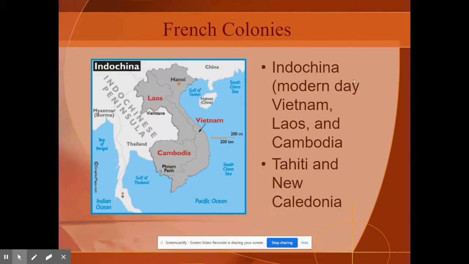So for the French, I don't think we need to go too much in depth on what's going to happen here. Indochina with modern day Vietnam, Laos and Cambodia, Tahiti, New Caledonia. Now, the thing is, the same concept we're going to see in Africa is the same thing we're seeing in Vietnam.